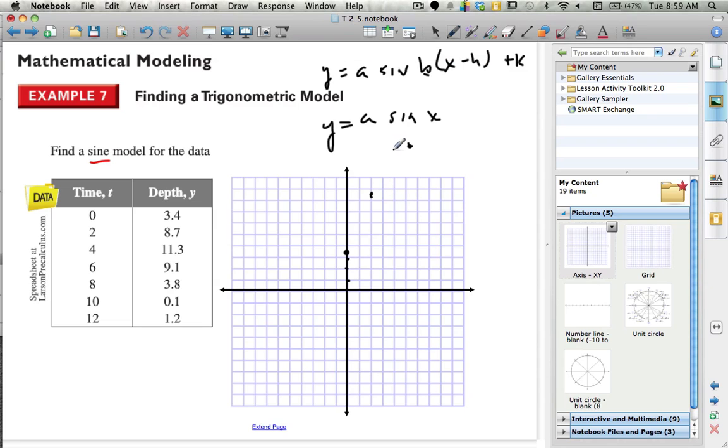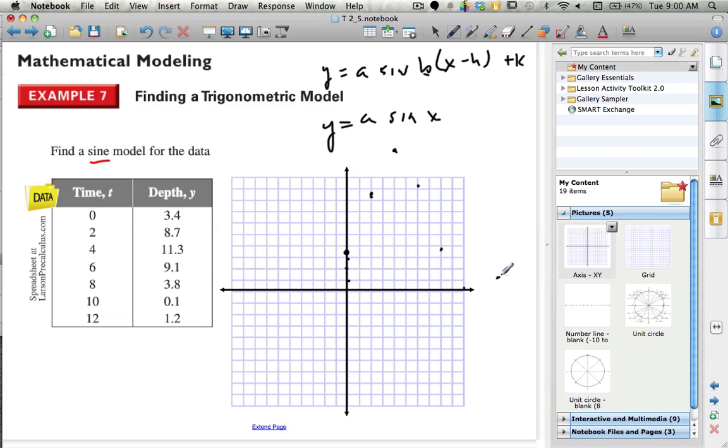And at 4, we're at 11.3. Okay. And then at 6, we're down to 9.1, which is about there. And then at 8, that's here, we're at 3.8, almost 4. Okay, and at 10, we're down to 0.1. And at 12, we're at 1.2.